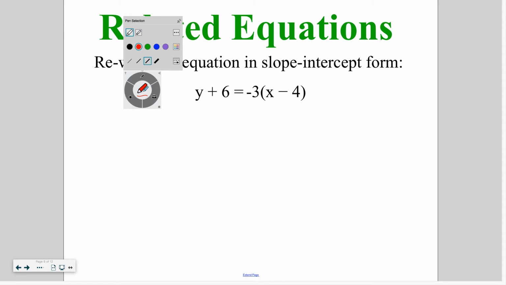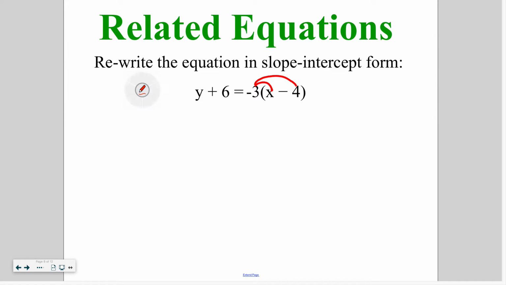Your first step here is going to be to use the distributive property to get rid of the parentheses. Slope-intercept form doesn't have parentheses, so we want to get rid of that. So we've got y plus 6 is equal to negative 3 times x, which is negative 3x, minus negative 3 times 4, which gives me negative 12, or you can look and see two negatives are going to make a positive. So now we've got y plus 6 is equal to negative 3x plus 12.